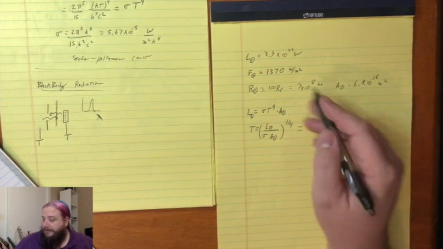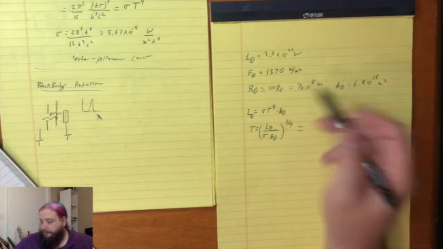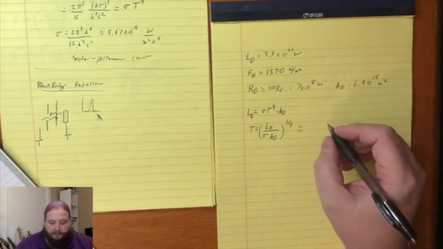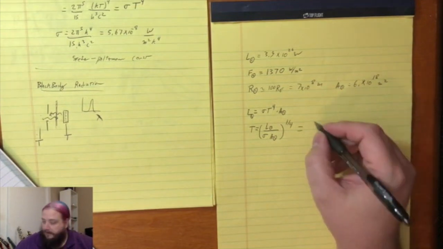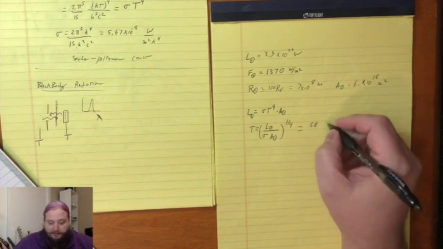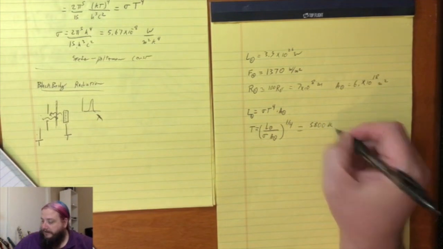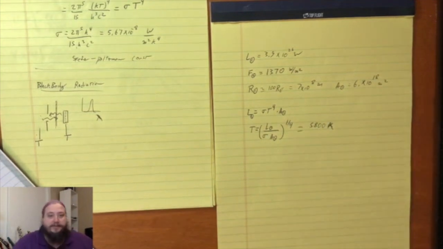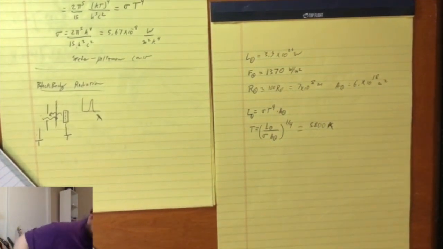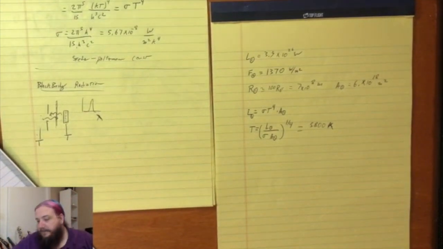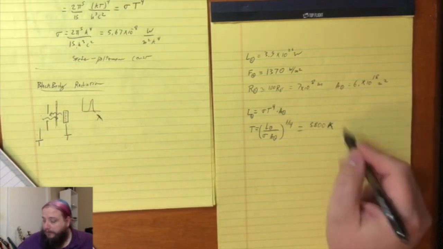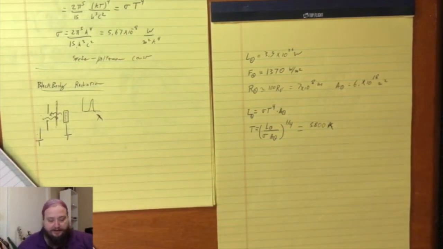We find that the sun, which produces 1,370 watts per square meter here at the Earth, has a surface temperature of something like 5,800 Kelvin. Technically, that's not the precise temperature of the gas at the surface of the sun, but it's pretty close to it. Actually, the sun is pretty close to a black body emitter. We would call this the effective temperature, technically, of the surface of the sun.